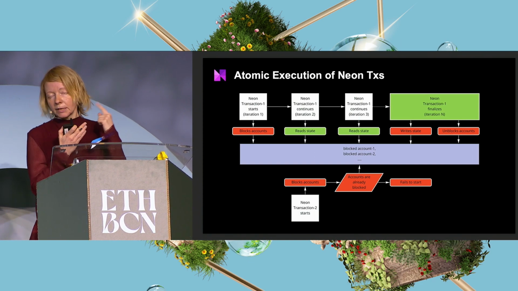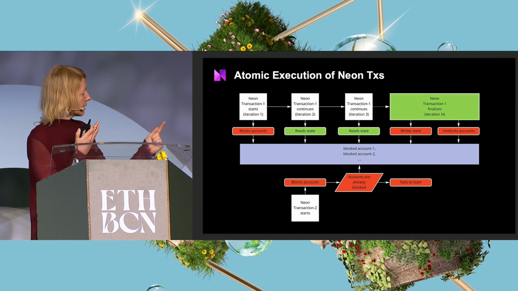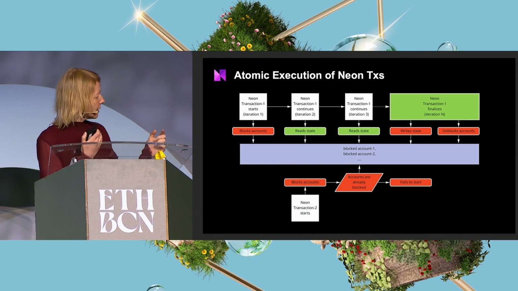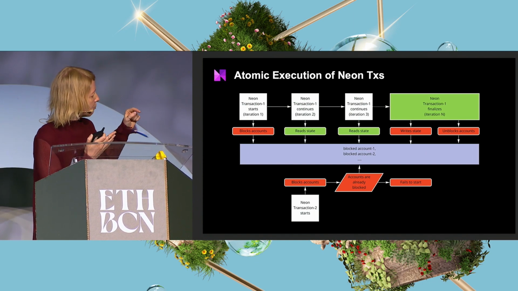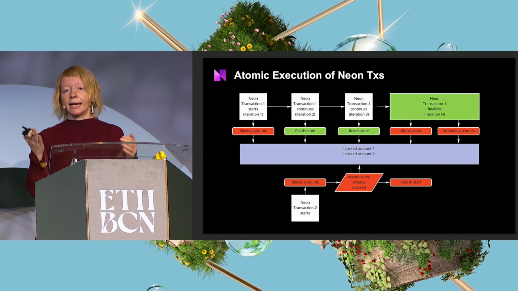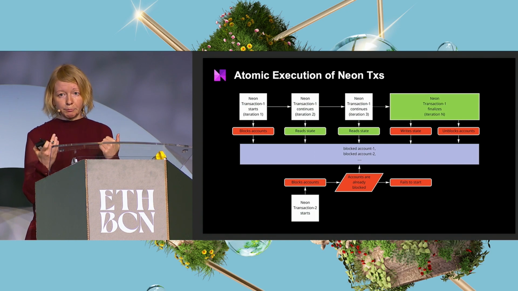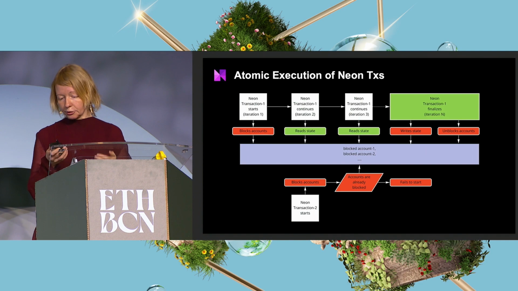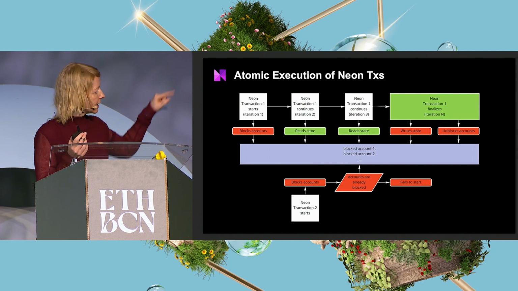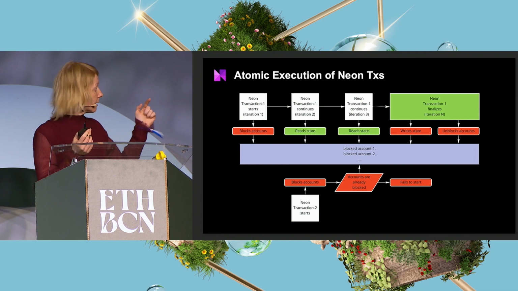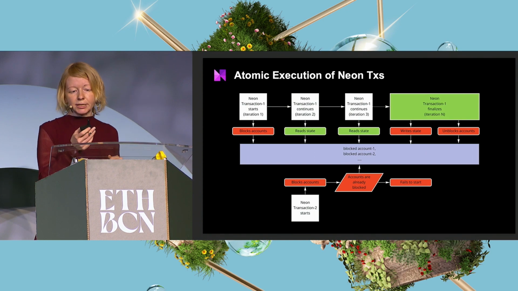Proxy sends the Solana transaction to Solana, and Solana checks during the first step whether accounts are blocked or not. And if it finds that the accounts are blocked, then the execution fails, so nothing can change the state within the execution of this first Neon transaction.